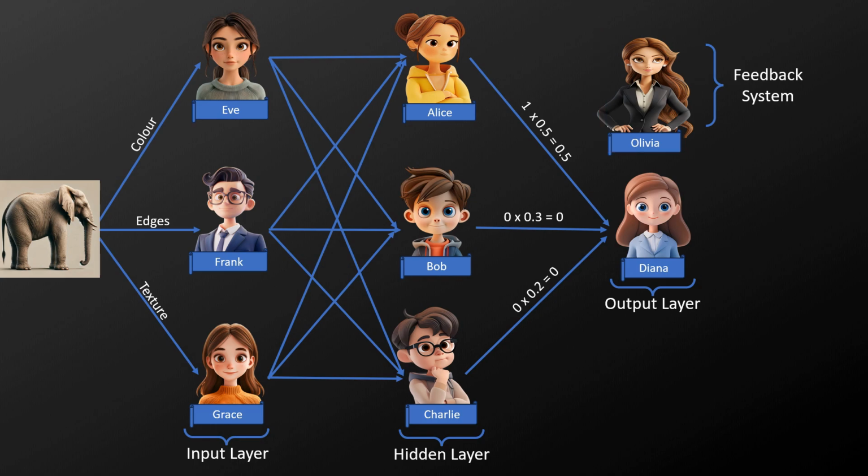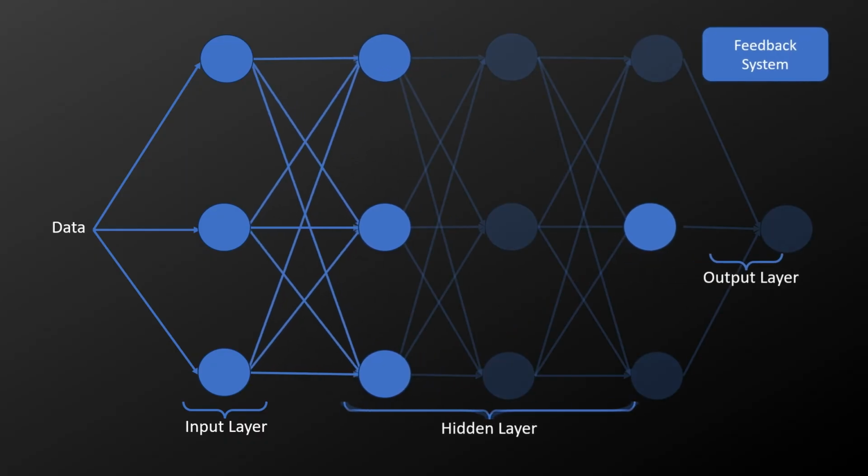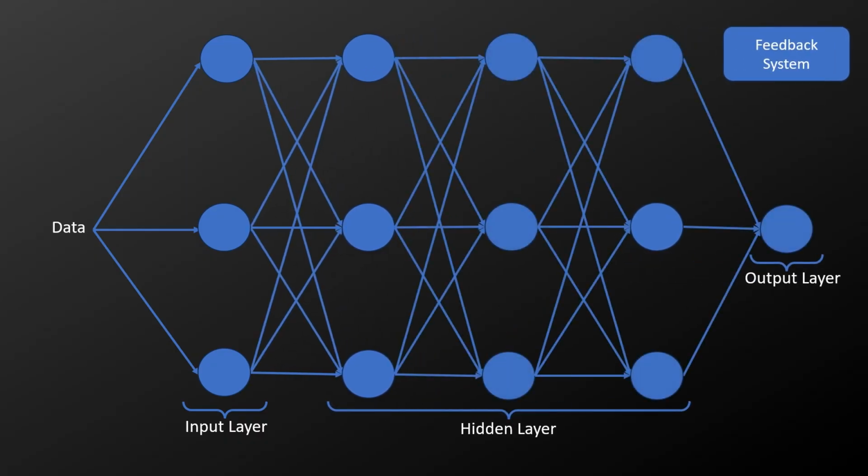The layers are created using nodes or neurons which perform tasks similar to a team member. Neurons are computational units which can perform a task. Each neuron in a neural network takes in information, applies weights to it, and then passes the results forward. The system learns over time by adjusting these weights during its learning phase, called training. A complex neural network can have n number of hidden layers, which can fine-tune the result.